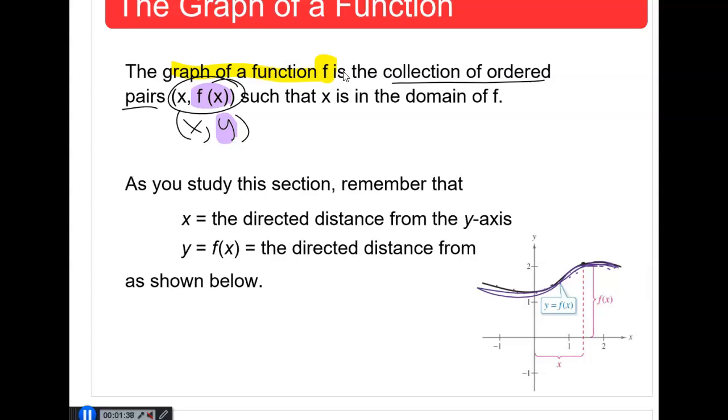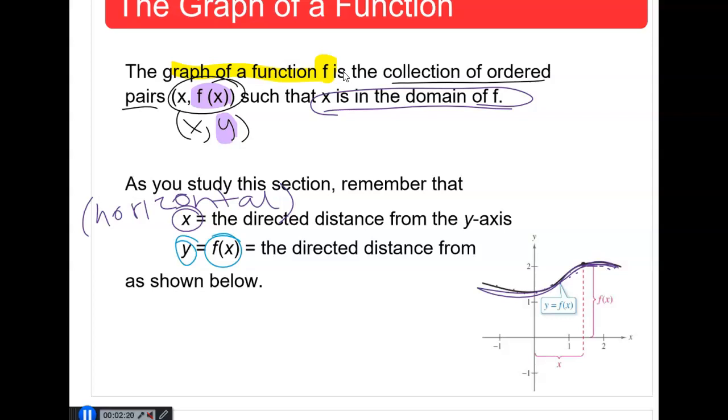And those points have to be in the domain of x. Well, the x value needs to be part of the domain of x. So as we have already mentioned in previous sections, x is the directed distance from the y-axis. In other words, x is the horizontal distance. And the y value, or the f of x, which is outputs, both of them, is the directed distance from the x-axis.